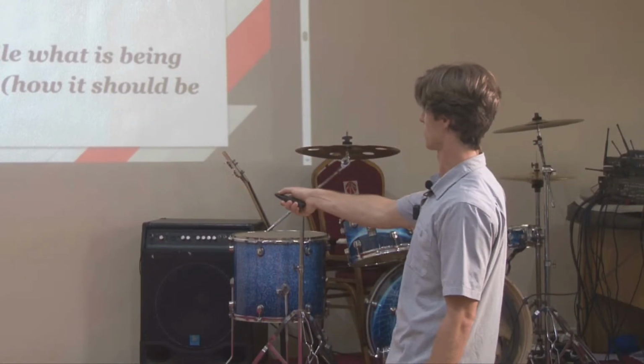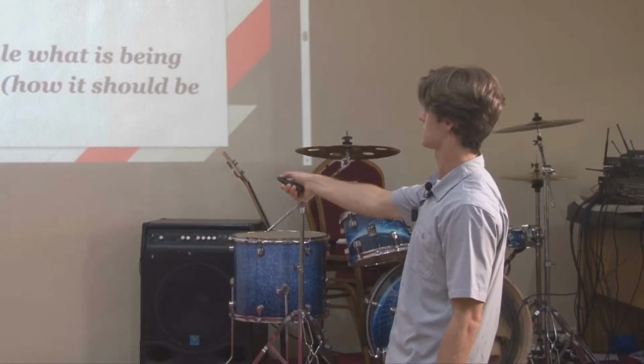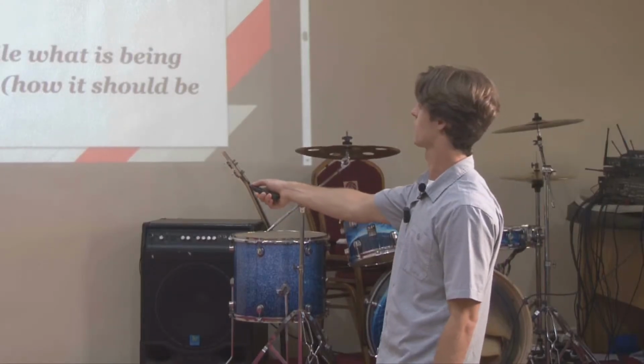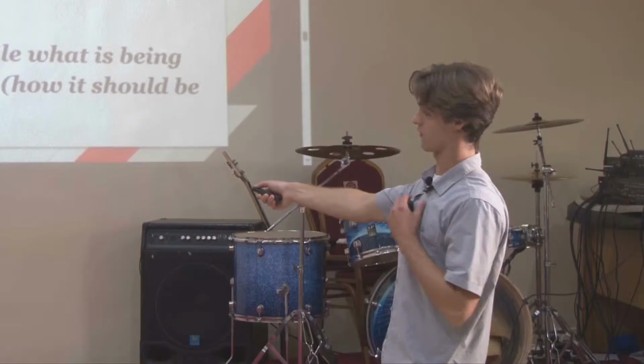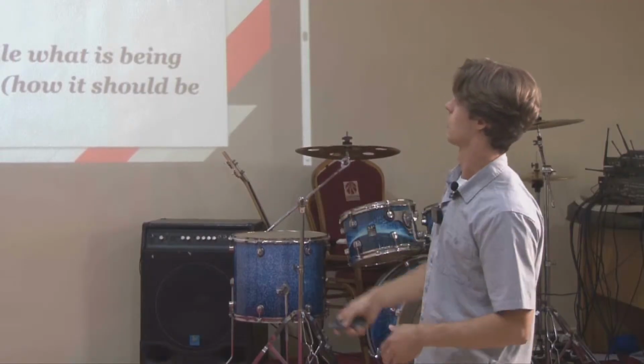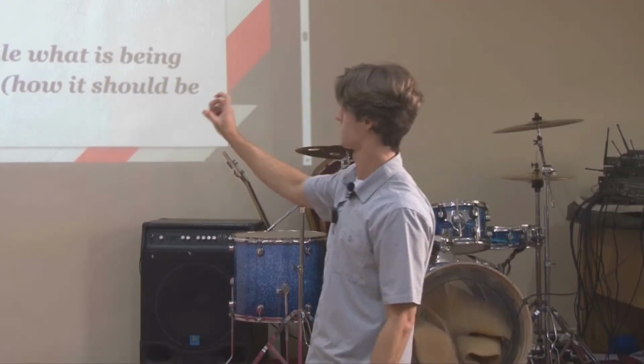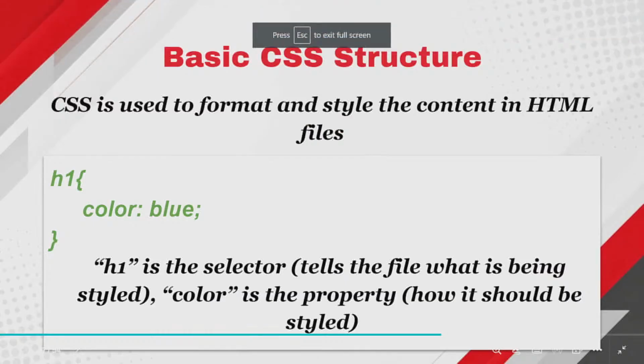And so if we look over here, this is what a CSS rule looks like. So we have H1, we have an open curly bracket, we have a color that says blue, you have a semicolon, and then you have a closed curly bracket. That is what essentially every CSS rule looks like. So in this example, the selector is H1. That is what tells the file what types of elements we're going to apply this style to.